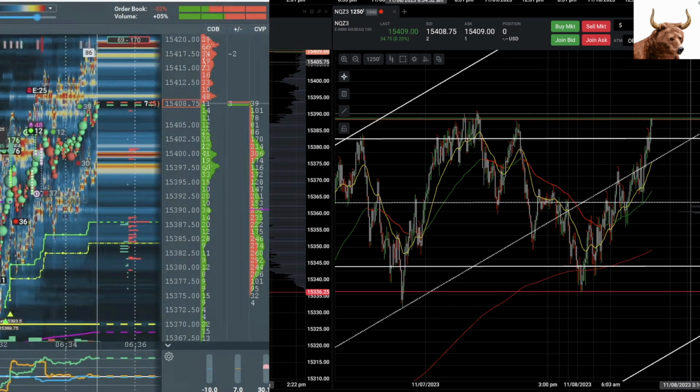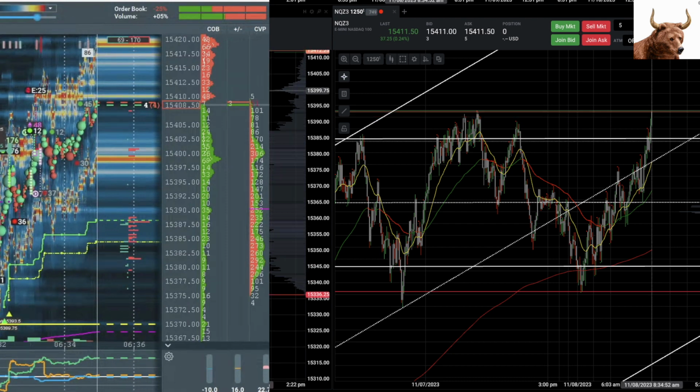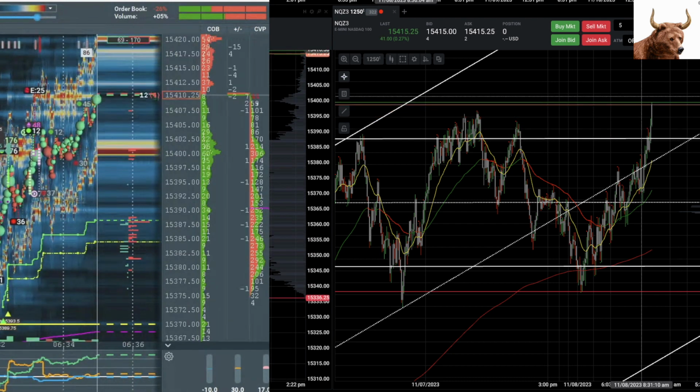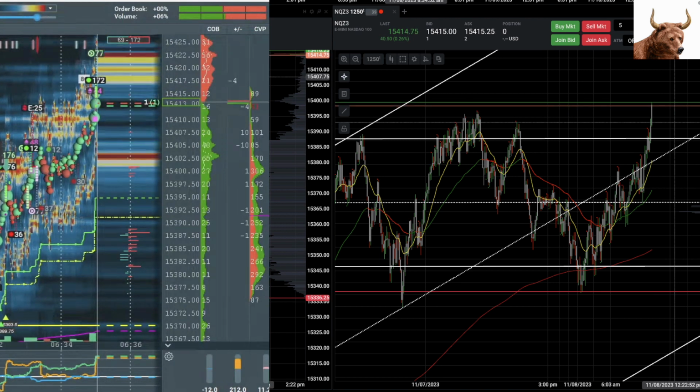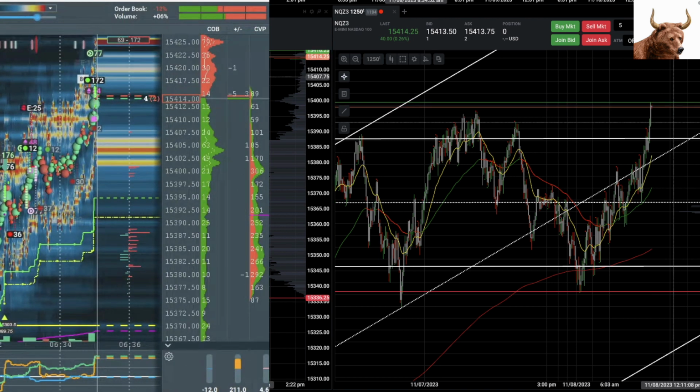All right, price is starting to move above that. There's our pop. Let's see if that was a snatch and grab, which is essentially a liquidity grab, or if we're ready to make a move above.